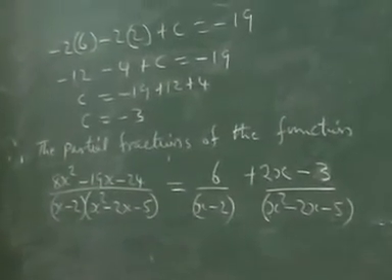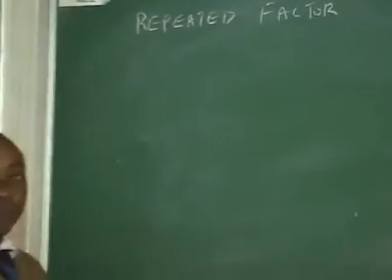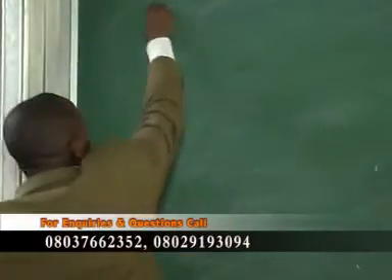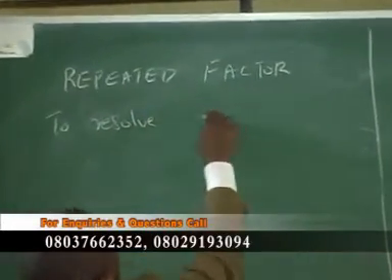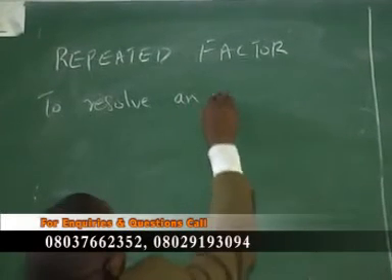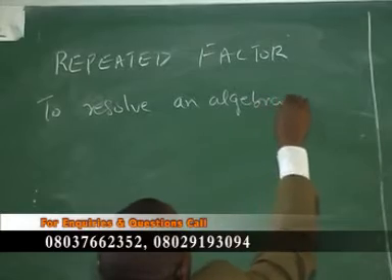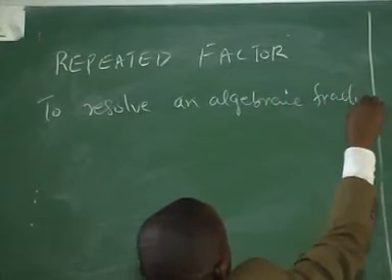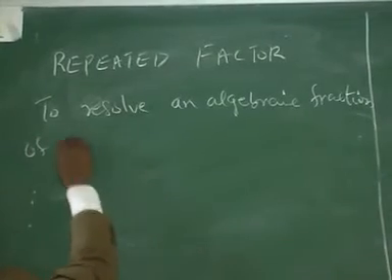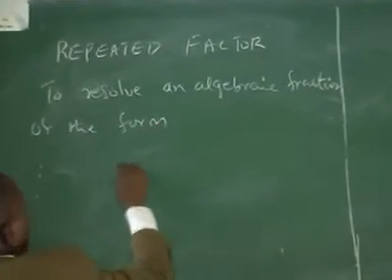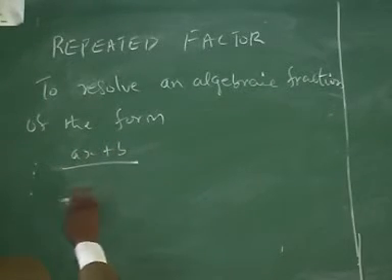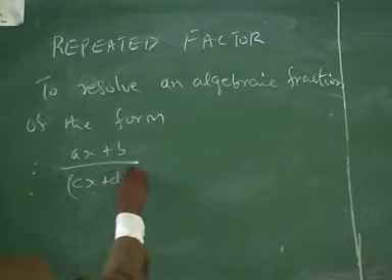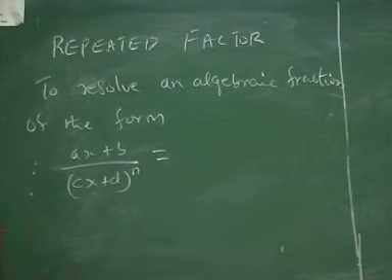Very simple. So we are looking at repeated factors. To resolve an algebraic fraction of the form ax plus b all over cx plus d raised to n, you see, when we have something like this, it is raised to power n.